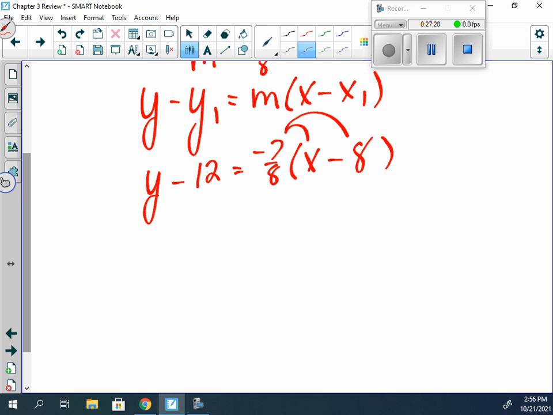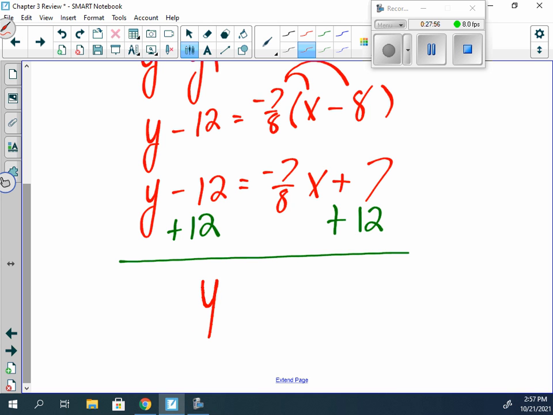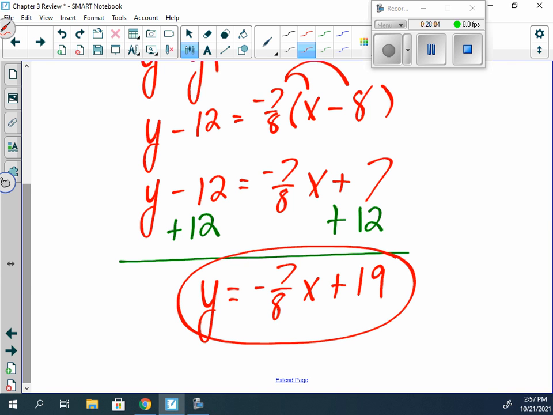So the first thing we can do is multiply through by the -7/8, which would plus 7, because -7/8 times -8 would give us +7. The next thing we can do is add 12. Since it's negative, we would add, which would tell me that y is equal to -7/8 plus. And that right there would be the equation of the line.